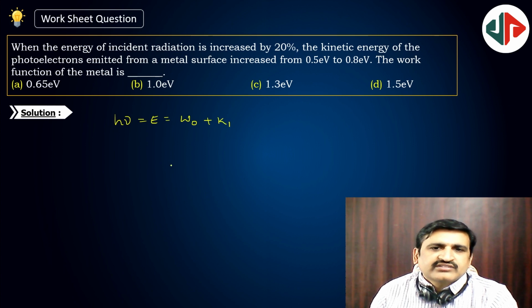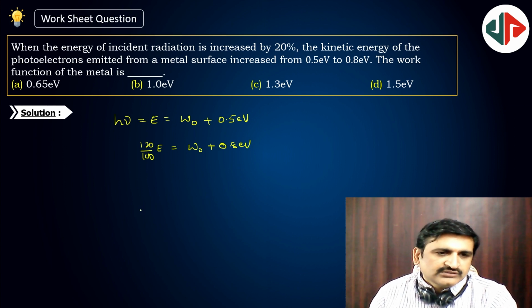K1 is 0.5 electron volt, and if the energy is increased by 20%, that is 120 by 100, the kinetic energy changes to 0.8 electron volt.